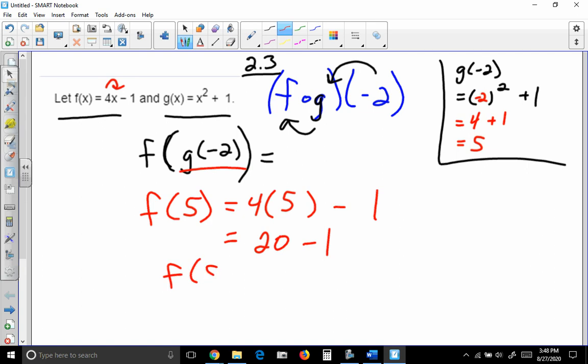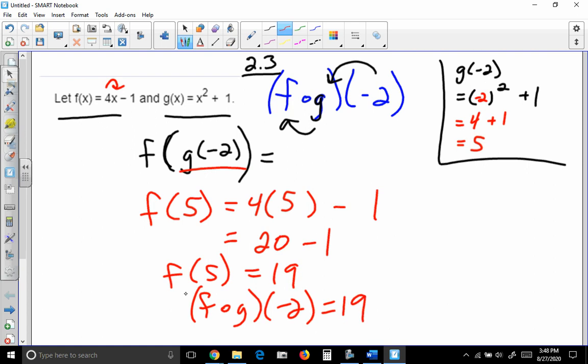So f of 5 is 19. Or we could say that f of g of -2 is 19. When we plug -2 into g and g into f, we get 19. So that's our composition.